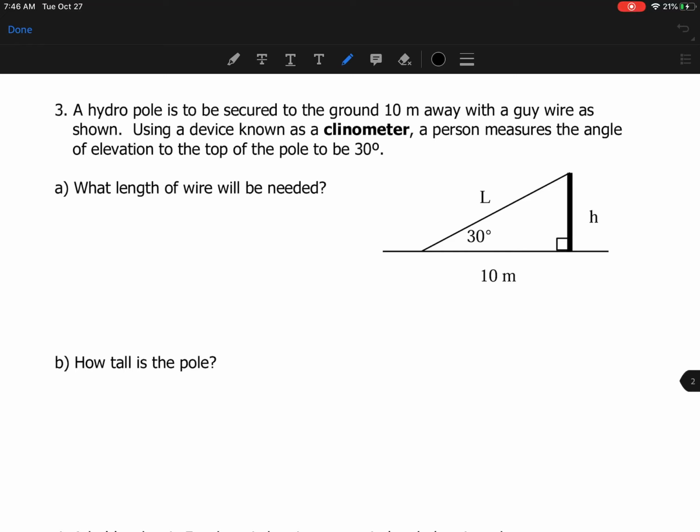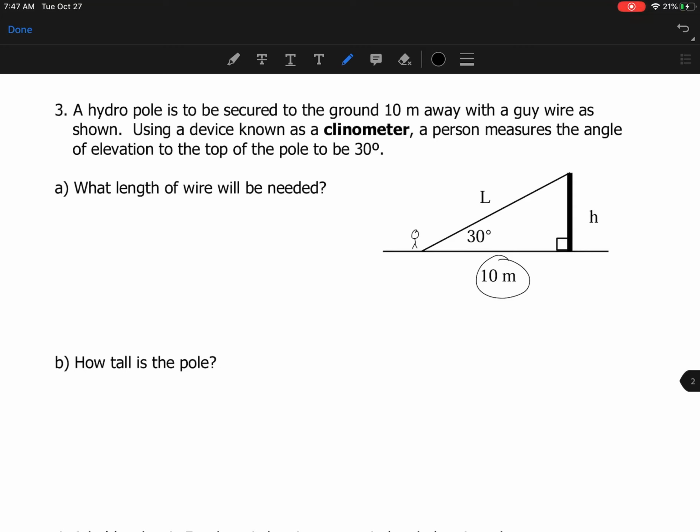On number 3, we have a hydro pole that is secured to the ground 10 meters away with a guy wire as shown. All right, so we have this 10 meters right here. And then it says, using a device known as a clinometer, a person measures the angle of elevation to the top of the pole.